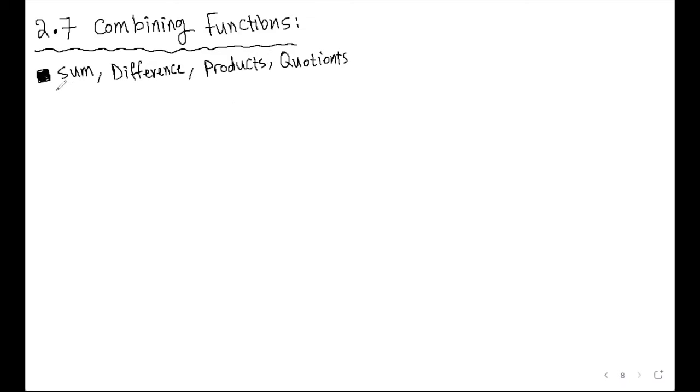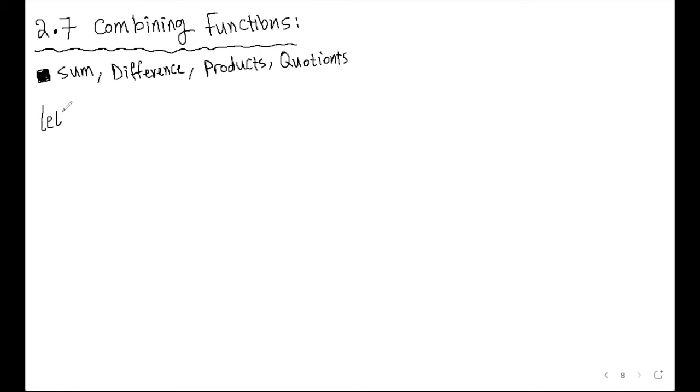First of all, we're going to talk about how we can do the sum for any two functions, the difference between any two functions, the product between any two functions, and the quotient, the fraction between any two functions.